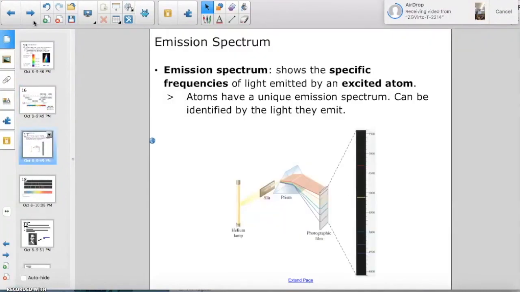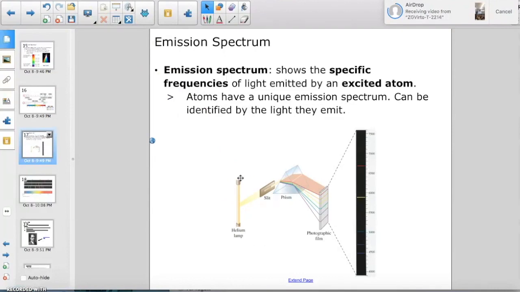Sometimes when we have just one type of atom, for example, a helium lamp, or a hydrogen lamp or a neon lamp, what we see is not a continuous spectrum. We will see something called an emission spectrum, which shows specific frequencies of light emitted by the atom or the atoms that are in our lamp. How does this work?